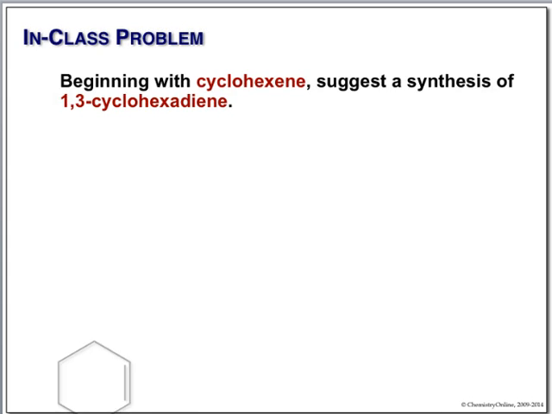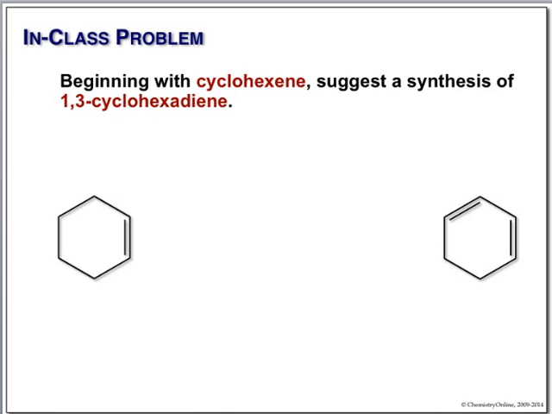Let's do one more simple reaction. Again, a good exam question. We're starting with cyclohexene. I want you to make 1,3-cyclohexadiene.